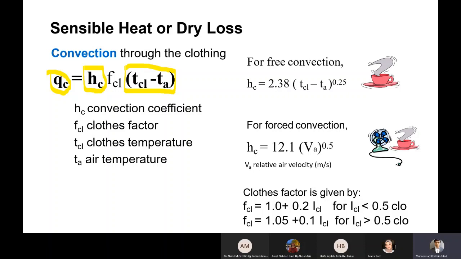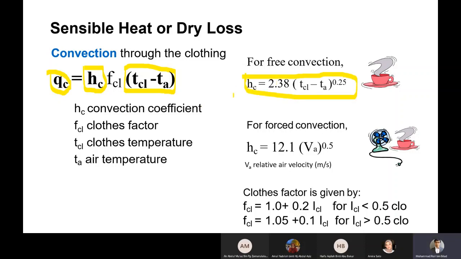The driving force is the difference between your clothing temperature and the ambient temperature. FCL is a factor that incorporates the role of the clothing. So the convection coefficient can be estimated using this.